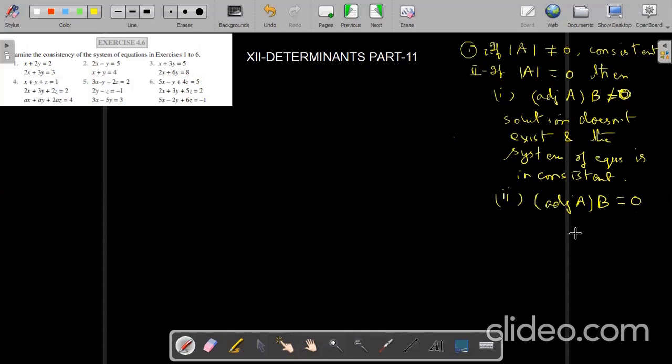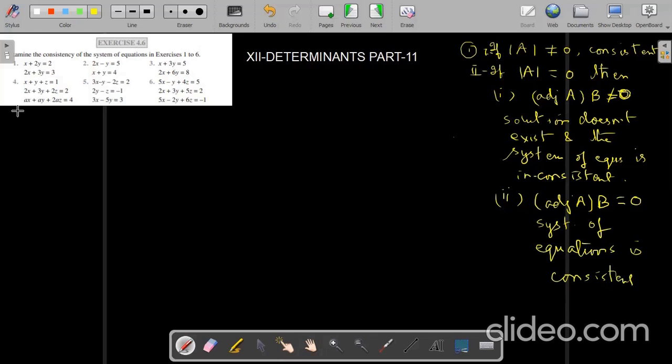So generally the system of equations will be consistent, with either infinitely many solutions. Only in one case inconsistent will come, otherwise consistent.